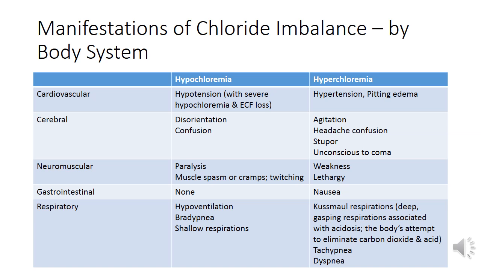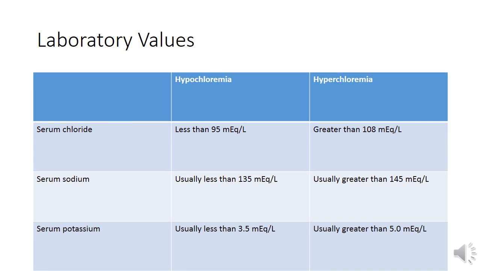A thorough physical assessment is necessary because chloride imbalance affects many body systems. Assess each body system, observing for signs and symptoms of chloride imbalance as well as any associated electrolyte imbalances. Review the patient's laboratory data to assess for presence of hypo or hyperchloremia.